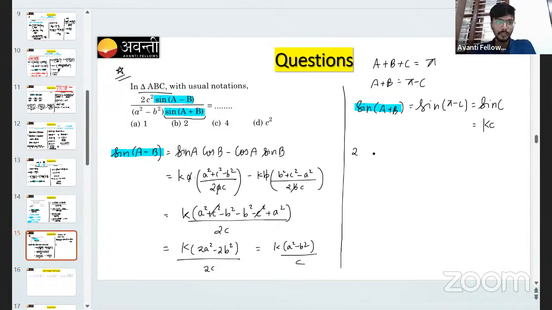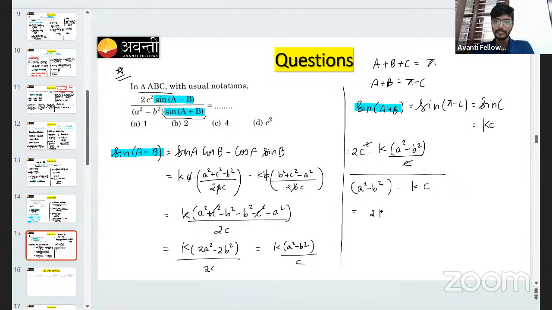Chalo, let's look. 2c will be equal to 2c square into k into a square minus b square upon c, upon a square minus b square. So here one c will get cancelled.